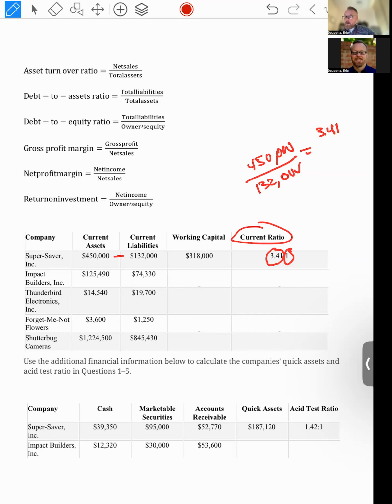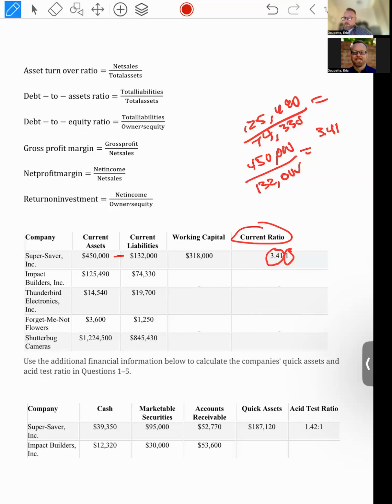So if you take your 125,490 and you divide it by the 74,330, that ratio comes out to 1.688.